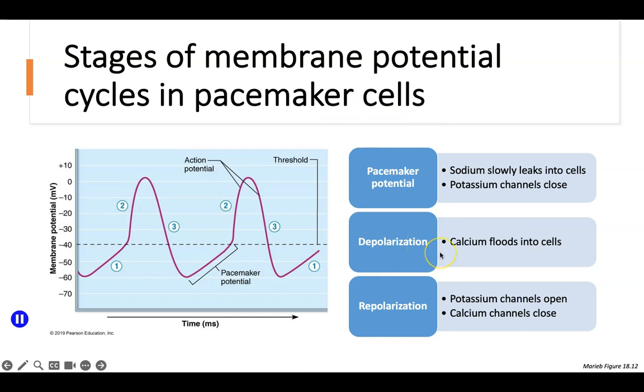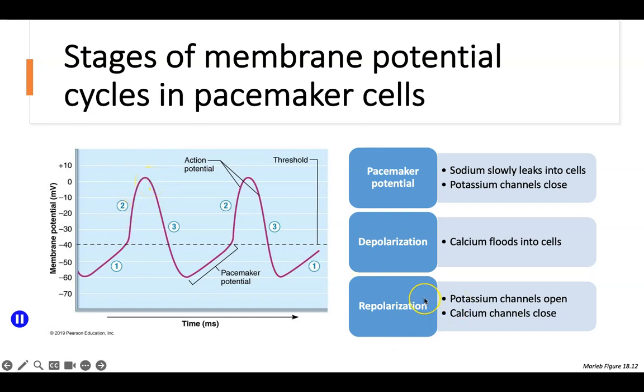And note, this is very different than what we saw in neurons or in skeletal muscle, because here the depolarization is actually caused by an influx of calcium into the cells. So one was a leak of sodium into the cell. Two, the depolarization is a flood of calcium into that conducting cell.